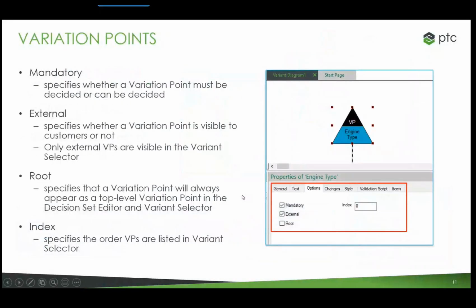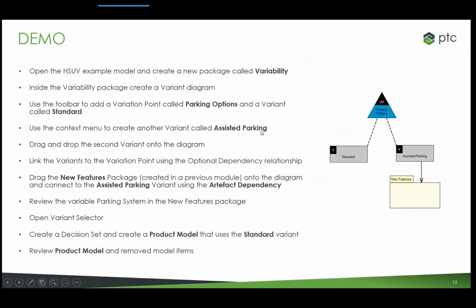Okay, we have more advanced capabilities. We can configure the variation points to make them mandatory or not. Some other options for ordering and whether it's a parent or not.